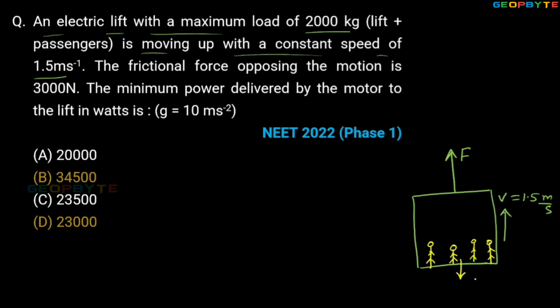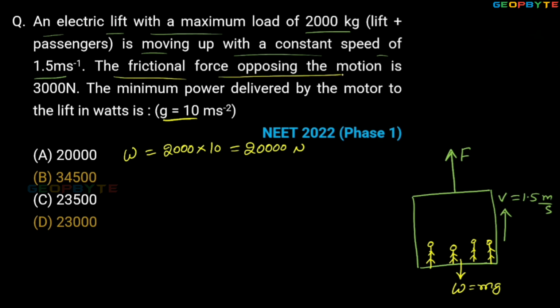In fact, mass is given. Then weight equals the product of mass and g. So weight equals mass, which is 2000, and the g value given is 10, equal to 20,000 newtons. The frictional force opposing the motion is 3000 newtons. You know, frictional force always acts opposite to the direction of motion.